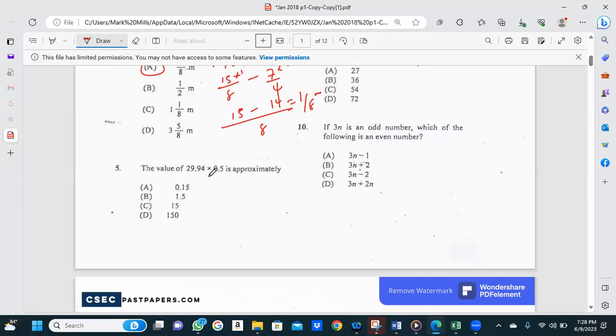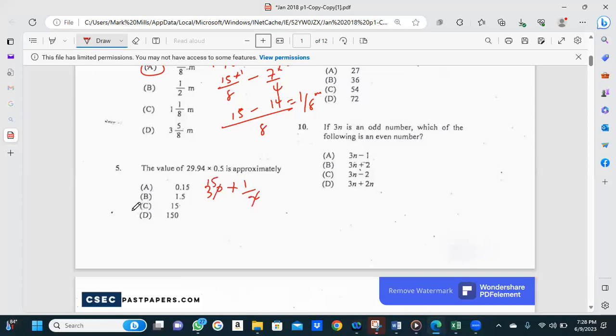All right. Number 5, 29.94 times 0.5 is approximately what number? So 29.94 is almost the same as what number? 29.94 is almost which whole number? Right, it's almost 30. So 0.5 is half, so this is the same thing as 30 times half, which gives you 15.